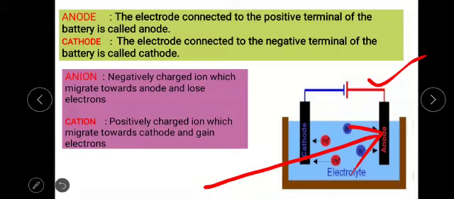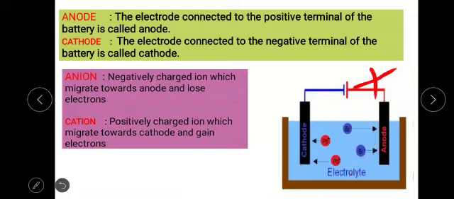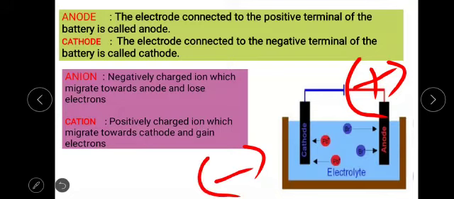You know that anode is positively charged, so of course negative ions will be moving towards the positively charged terminal. So the negative ions which are moving towards the positive terminal, that is anode, those ions we call anions.